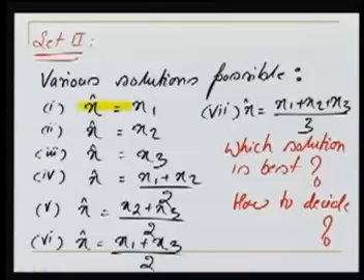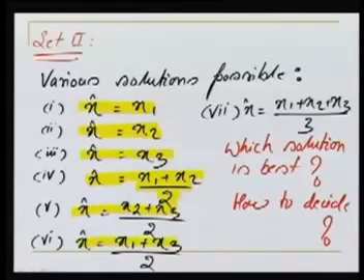If I write all these possible solutions, the solutions could be any one of these observations. The estimate is equal to any one of these observations, or maybe an average. As you can see here, the estimate is the average of the first 2 observations. Similarly here and here, or maybe the average of all 3 observations.